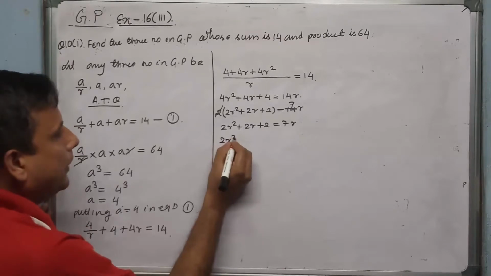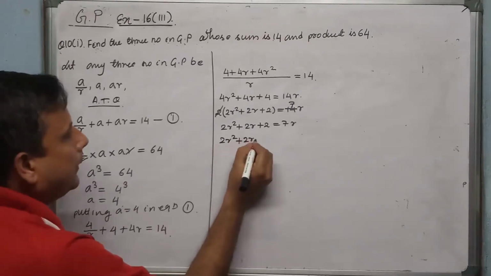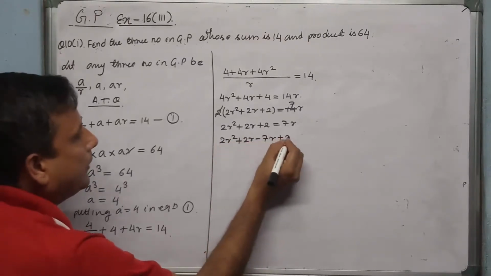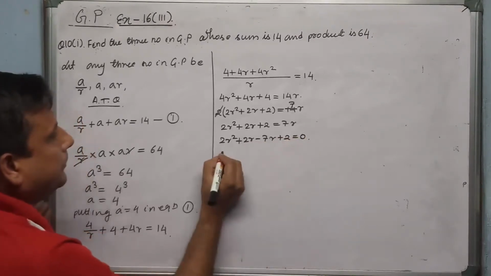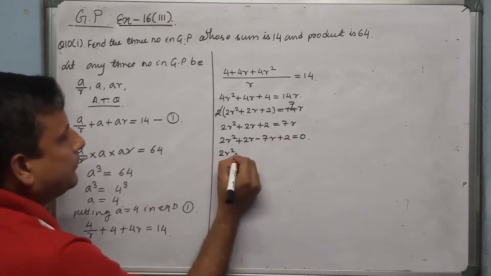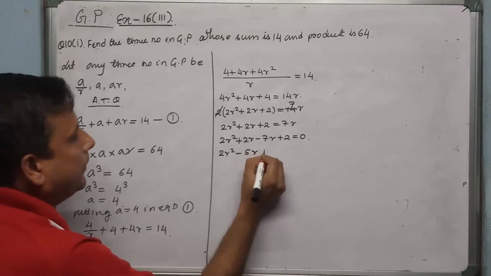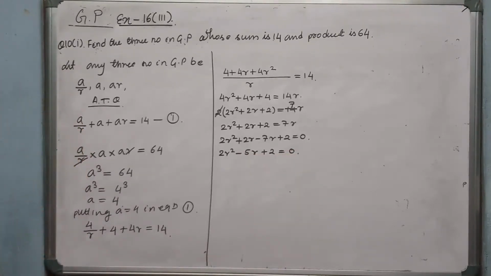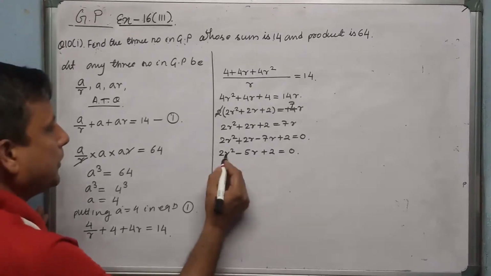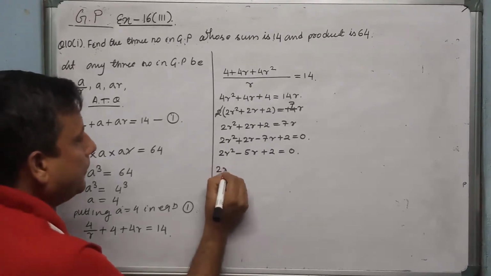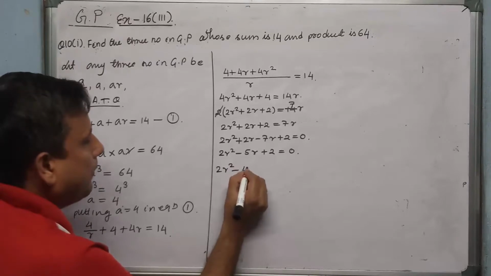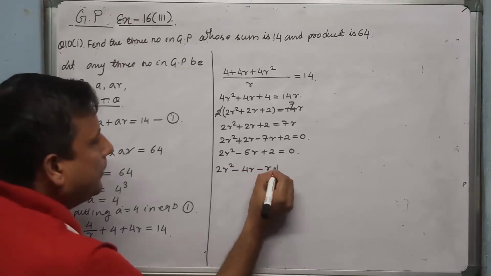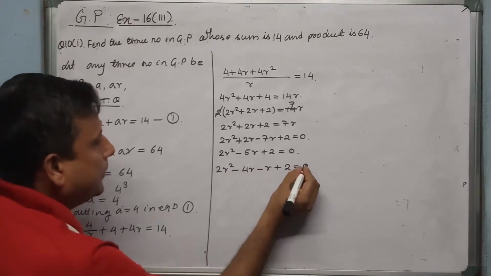Now I'll write everything on the left-hand side: 2R squared minus 5R plus 2 equals 0. Now to factorize the middle term, that means you have to factorize this one. 2 twos are 4. That means 2R squared minus 4R minus R plus 2 is equal to 0.